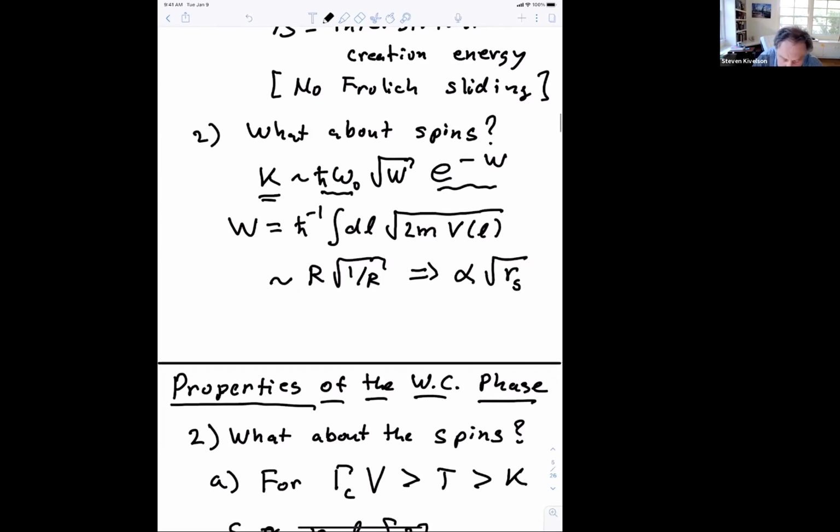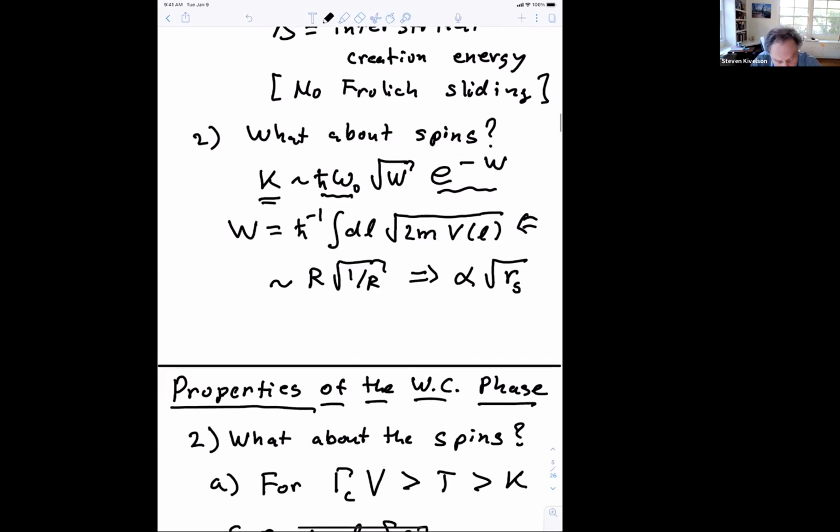The action will have some WKB-like expression where it's an integral over the length of the tunneling path times the square root of the mass times the height of the barrier that you're tunneling through.